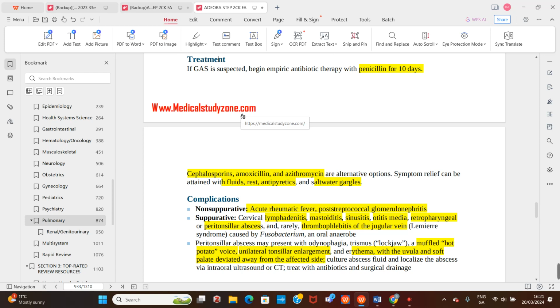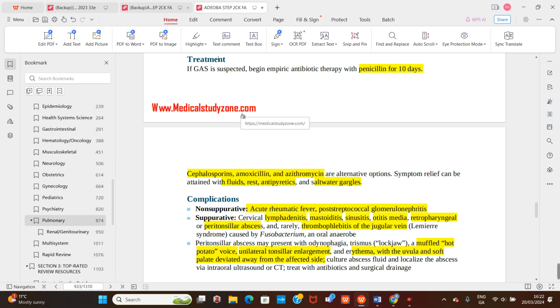So don't forget, once you make your diagnosis 4 to 5, you can give penicillin for 10 days. You can give azithromycin. You can give cephalosporin. You can give amoxicillin. If your score is between 2 to 3, you might need to investigate further by doing your GAS rapid antigen detection test. If it's positive, you start your medication.